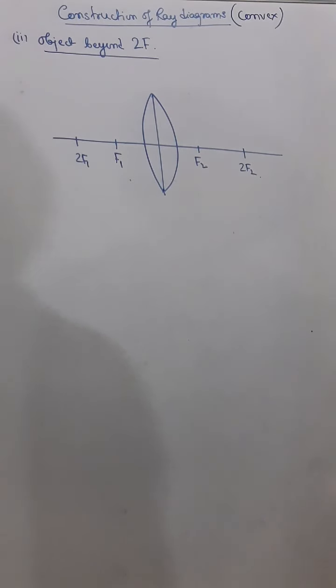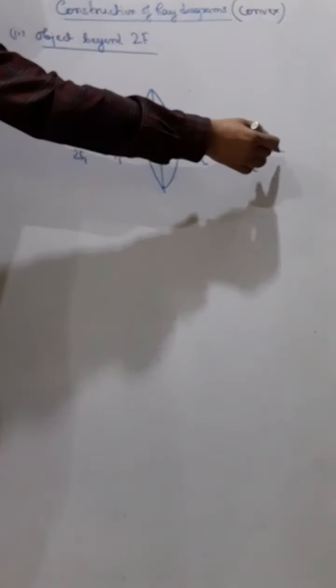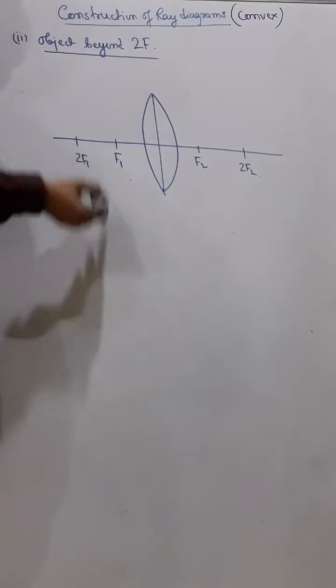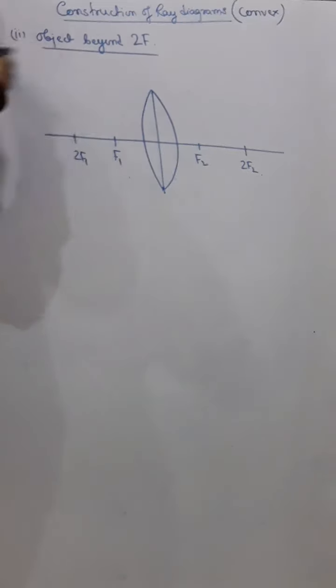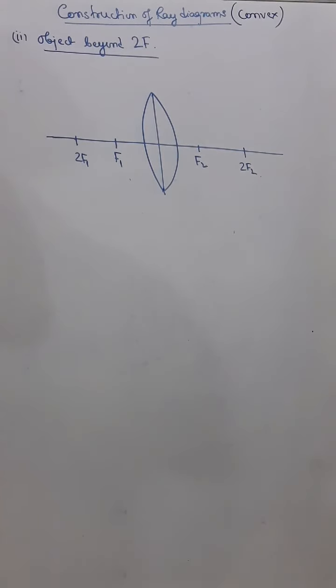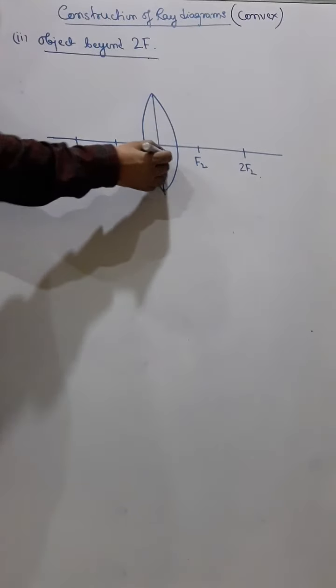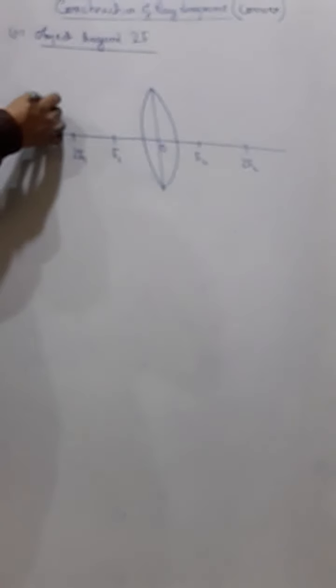Okay, next is when the object is beyond 2f. So again, you have to draw this as I have told you before. Now beyond 2f means it's not very far, unlike the number 1 I told, at infinity. At infinity means it is very far, and beyond 2f is just beyond double the focus. Okay, so this is O. So beyond 2f, you draw an object.